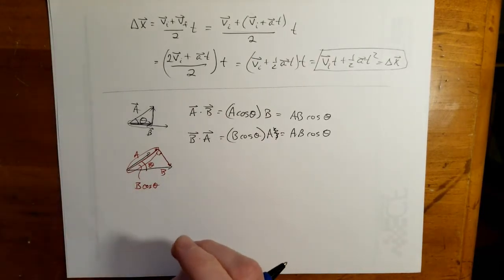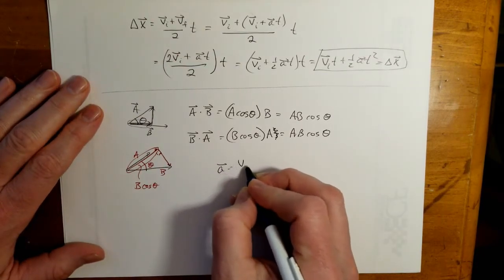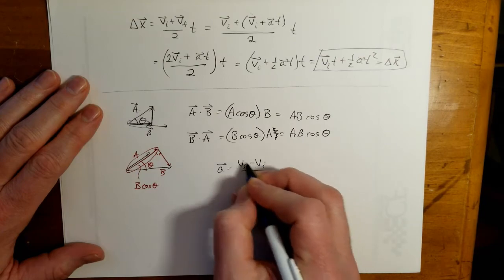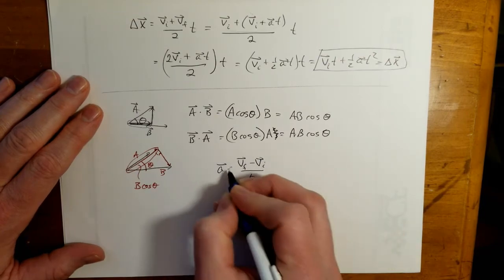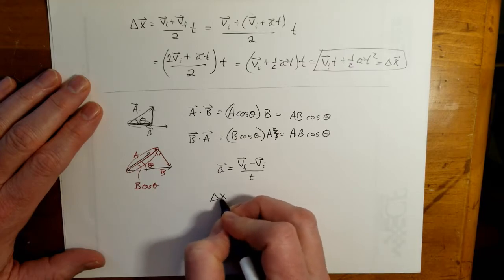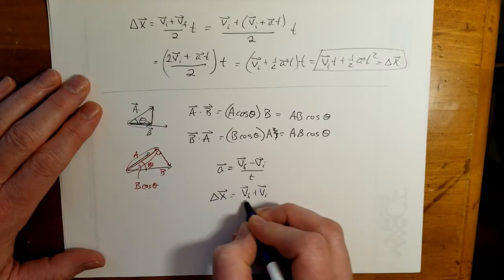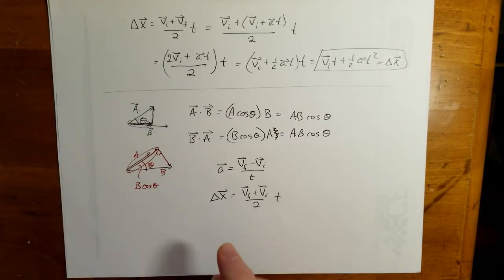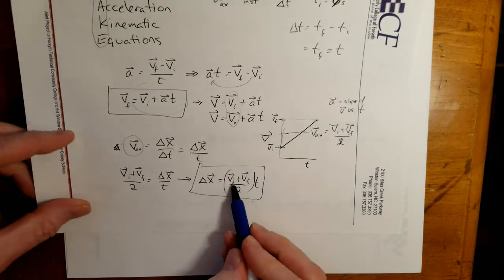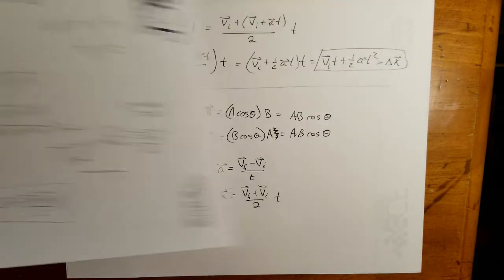So what I'm going to do is take two equations here. I have my acceleration, which is VF minus VI over time. And then I'm going to take my displacement equation, which is VF plus VI divided by 2 times time. Now notice that is slightly switched from what I did right here, but the commutative property of addition holds here, so I just flipped VI and VF.